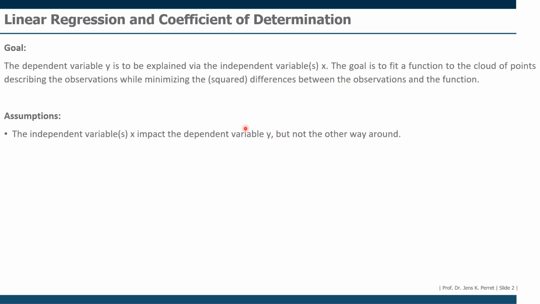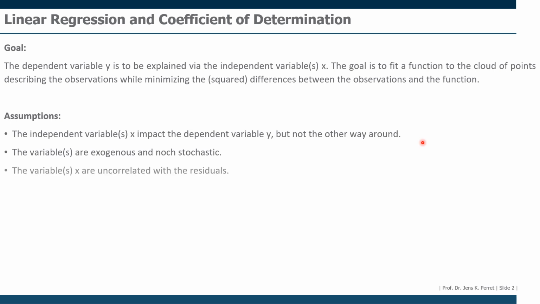So we do not have any kind of feedback relations, and we already have to ascertain which of the variables are dependent, which are independent, before starting with the regression analysis. We also assume that all variables are exogenously given and not stochastic, so we do not have random variables in our model. We have fixed values, fixed data points.